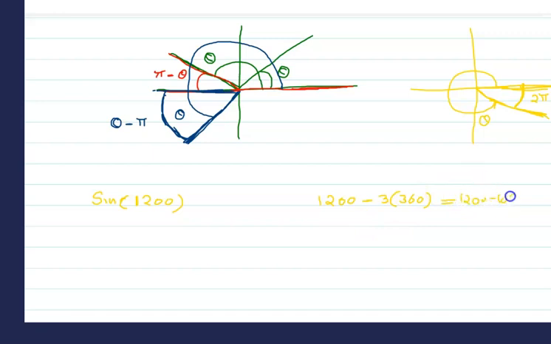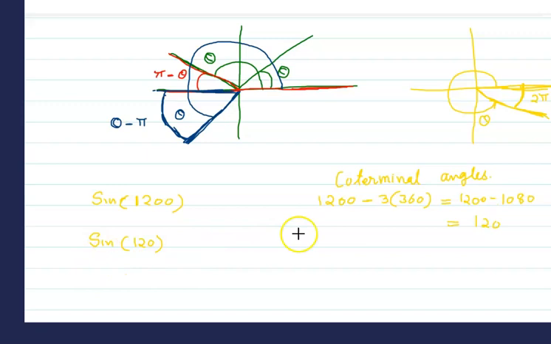So when we subtract the third multiple of 360 from 1200, we get 120. This gives you that sine 1200 is equivalent to sine of 120. Using the concept of coterminal angles, you find the equivalent smaller angle.